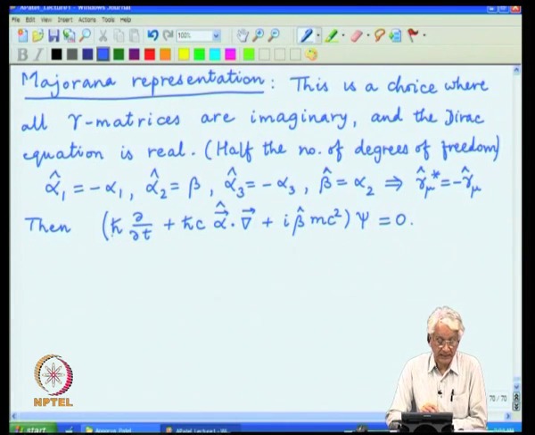I has been multiplied throughout, and I times beta hat is real, and so are all the coefficients in front.